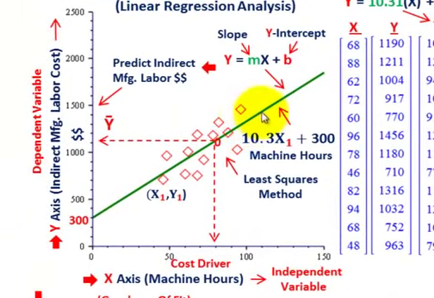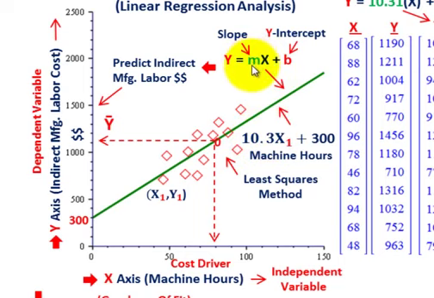Okay, so what we're going to try to do is evaluate how well this line, based on machine hours, fits our data, and how well we can predict our indirect manufacturing labor cost based on machine hours. And just to understand what this line is, I calculated it with a statistical package, used Excel, and it's got 10.3 here.